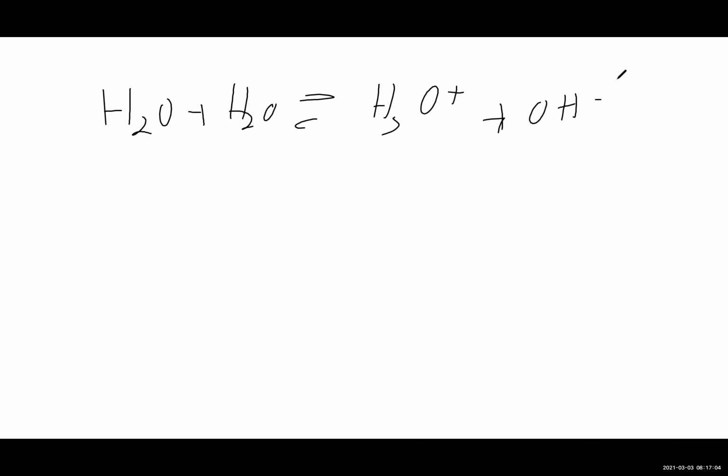Anyway, getting back to my original problem, which was my KW, this reaction is technically happening, right? And again, I wouldn't bother much with it, except for the fact that it's my only source of hydronium. It is not, however, my only source of hydroxide.